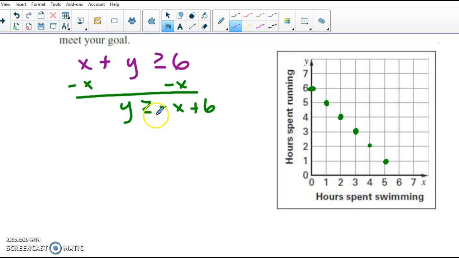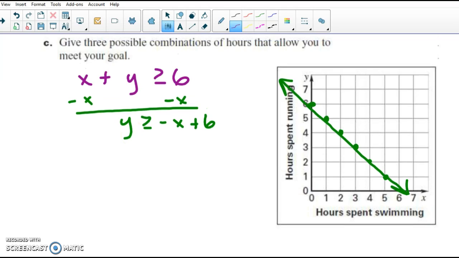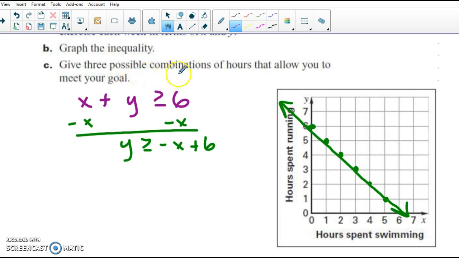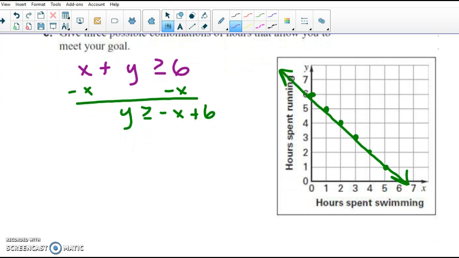And as I draw my line, I'm going to do a solid line because I have greater than or equal to. And now as I look at my shading, I need to do a couple test points here. So it says give 3 possible combinations of hours that allow you to meet your goal. So let's pick a test point so we can see how to shade.